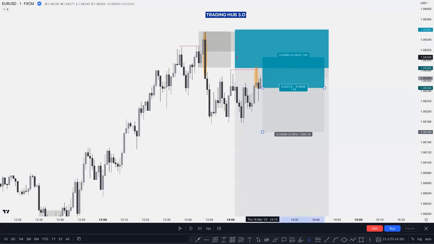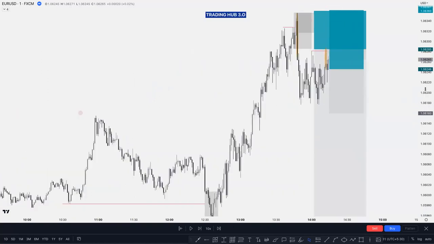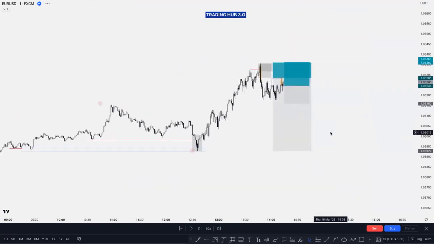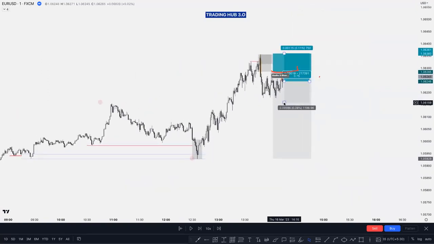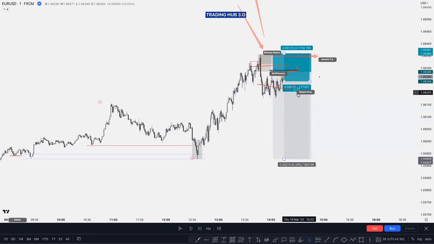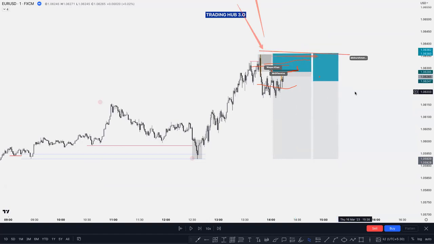Stop loss just above it, or just above it? Where is our proper valid stop loss, everyone? First one and second one, everyone. One or two?